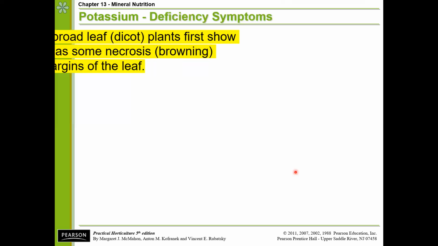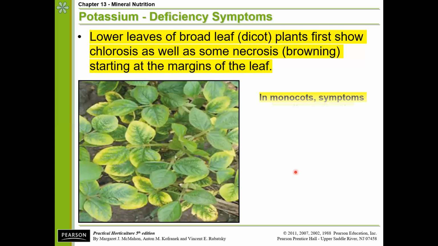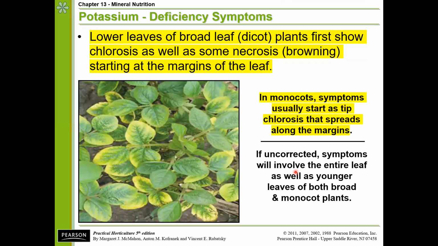So potassium deficiency can look like this, and we'll see a lot of deficiencies look similar to this. Again, it is still mobile, and again, less mobile than nitrogen, but because it is mobile, we'll see the deficiency symptoms on the older leaves.